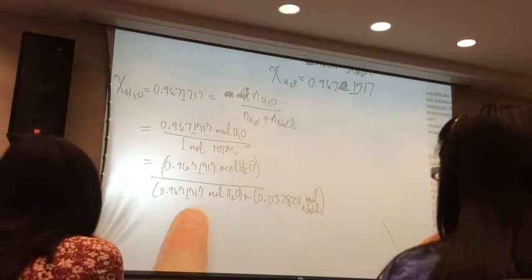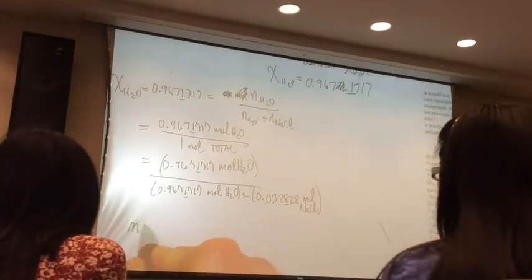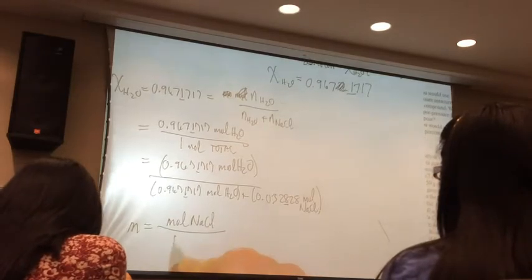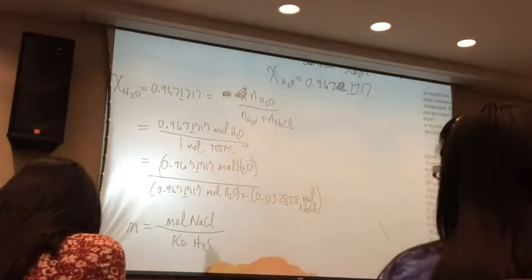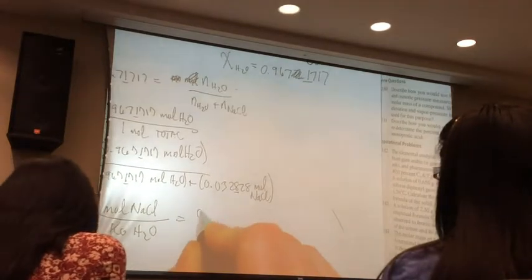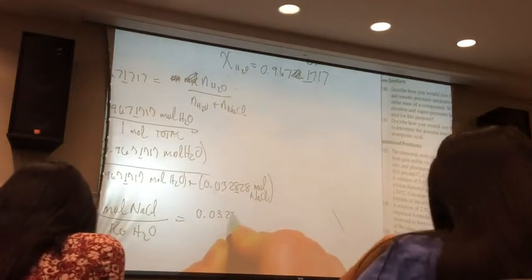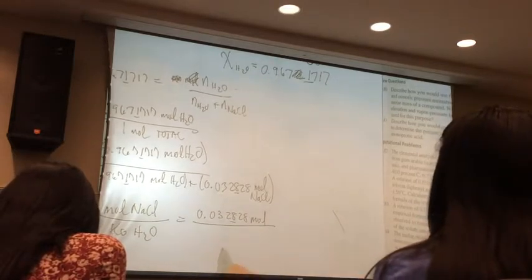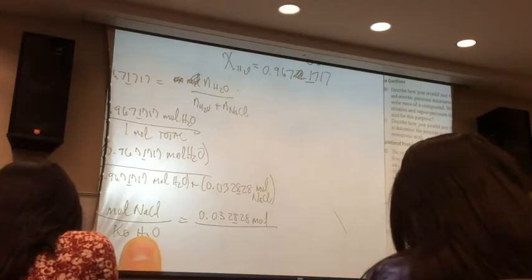And now we want to convert that to molality. Well, the molality will be the moles of sodium chloride divided by kilograms of water. So we know now the moles of sodium chloride at 0.032828 moles of sodium chloride divided by kilograms of water.